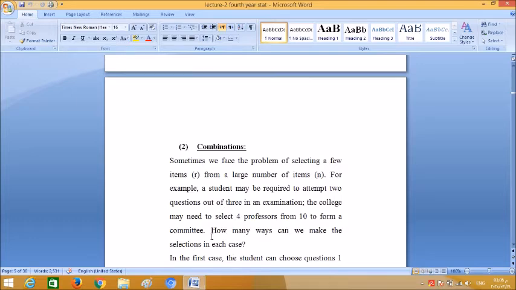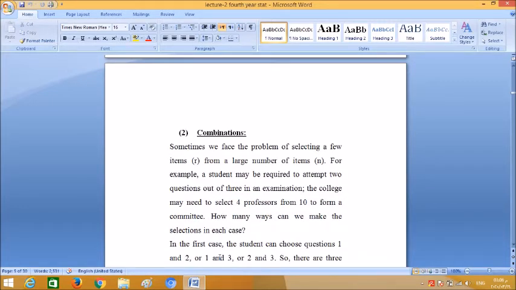How many groups? Okay? For this example, how many groups? Every group contains 4 professors selected from 10 professors to form a committee. Okay? How many ways can we make the selections in each case?